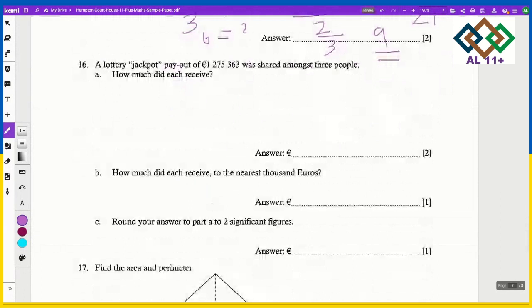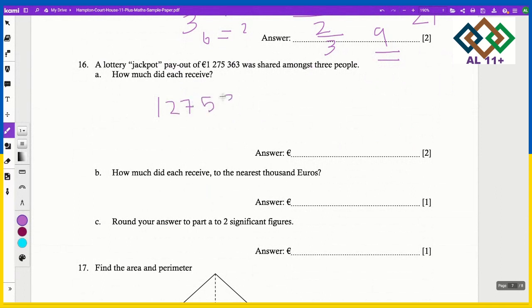So 16 is now, they say a lottery jackpot paid out euro 12753 and 3 people. So how much does each receive? So there are 3 people. So remember to read what the question tells you.